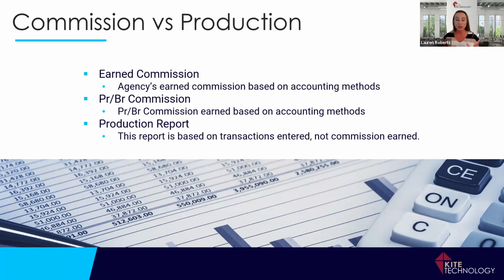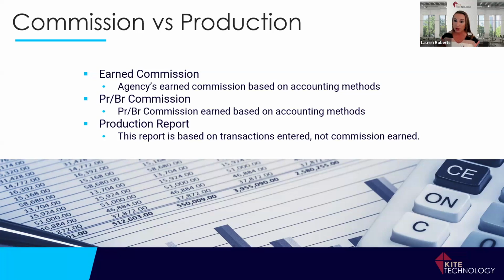Earned commission and producer broker commission reports are truly based on the accounting method that you have configured for either the agency or the producers and brokers. Unless you modify the criteria, and you can override the criteria just like you can in the PRBR reconciliation, the purpose of these reports is truly to show what is earned based on transactions that are entered and your accounting methods as well.